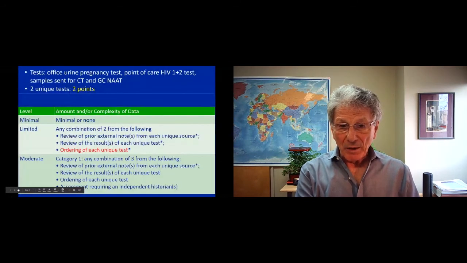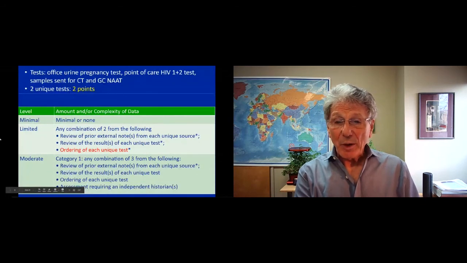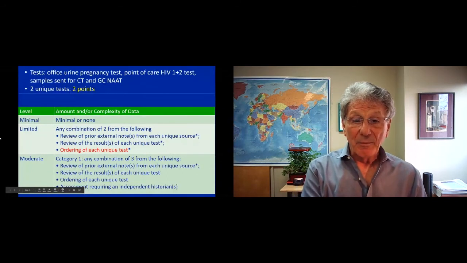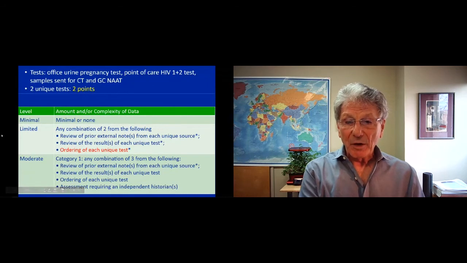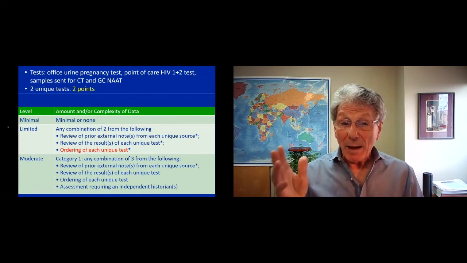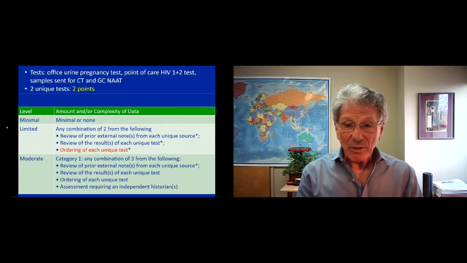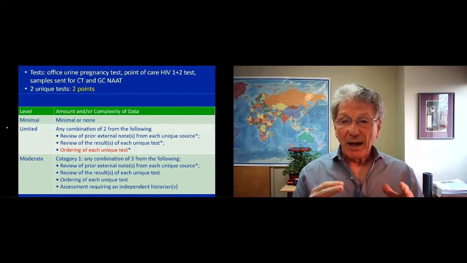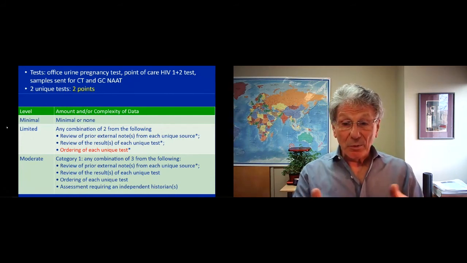The middle column is how many tests we ordered. And we sent samples for gonorrhea and chlamydia. So that can be counted as 1 point for each of chlamydia and gonorrhea. By the way, we cannot count the office pregnancy test or the point of care HIV test, because we bill for those, we're going to be paid for them.